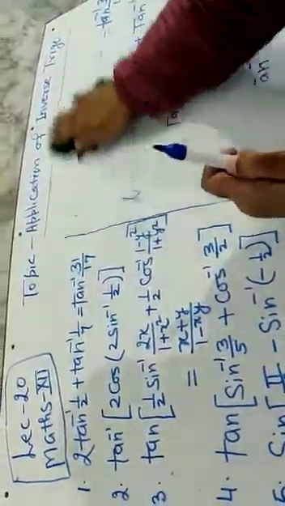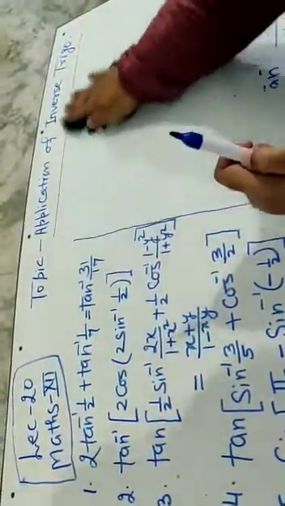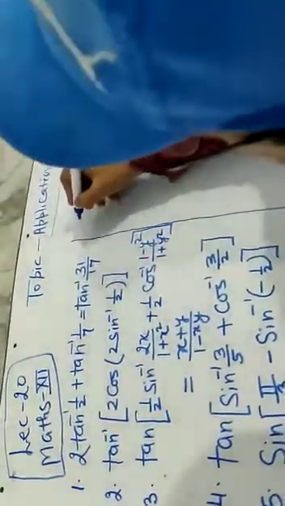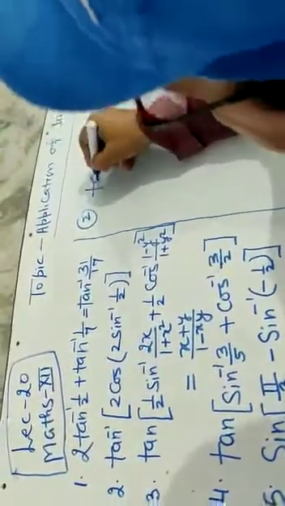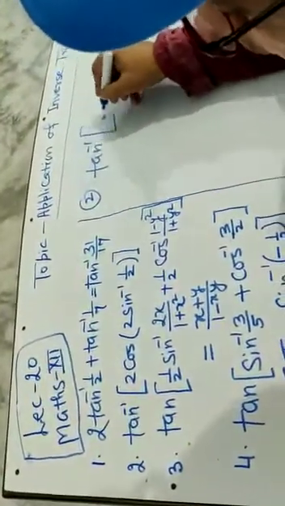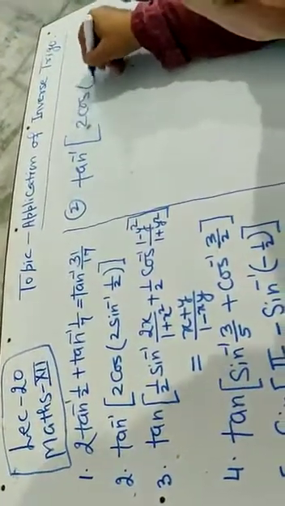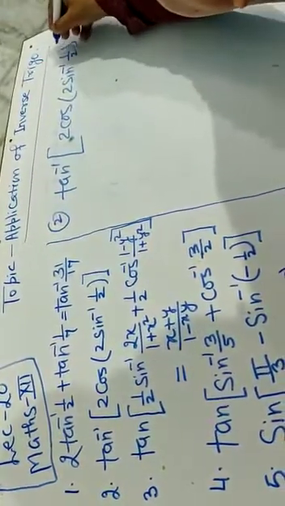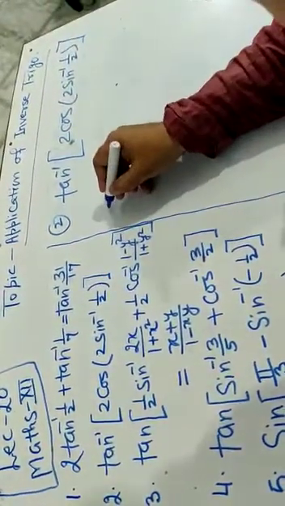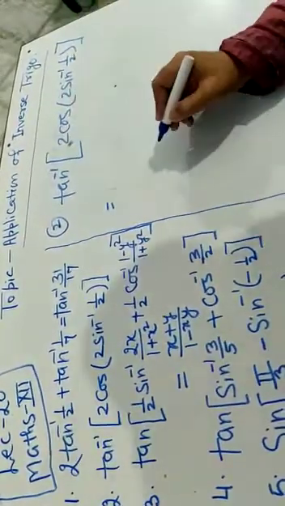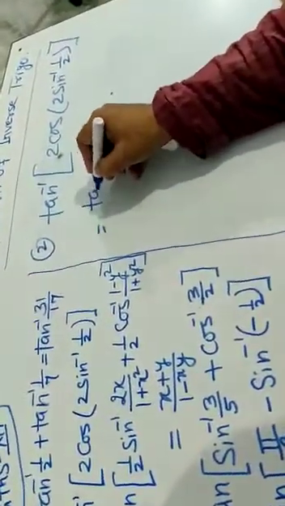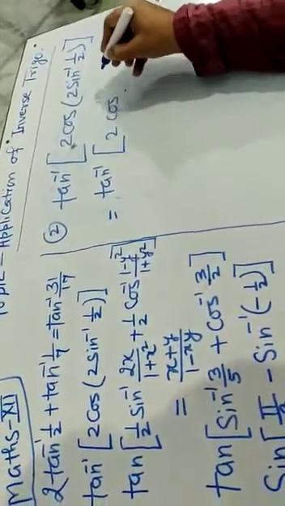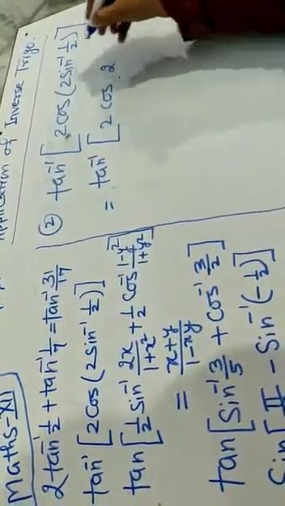Now the second question: find the value of the expression tan inverse of 2 cos of 2 sin inverse 1 by 2.